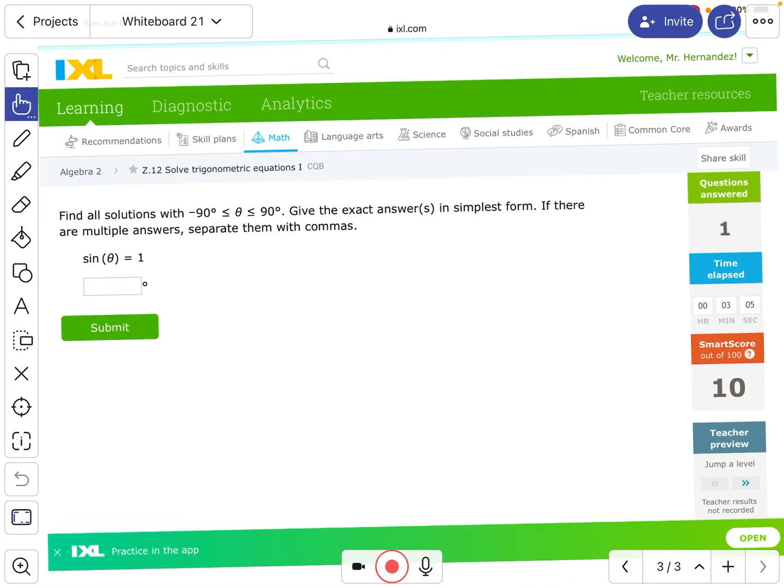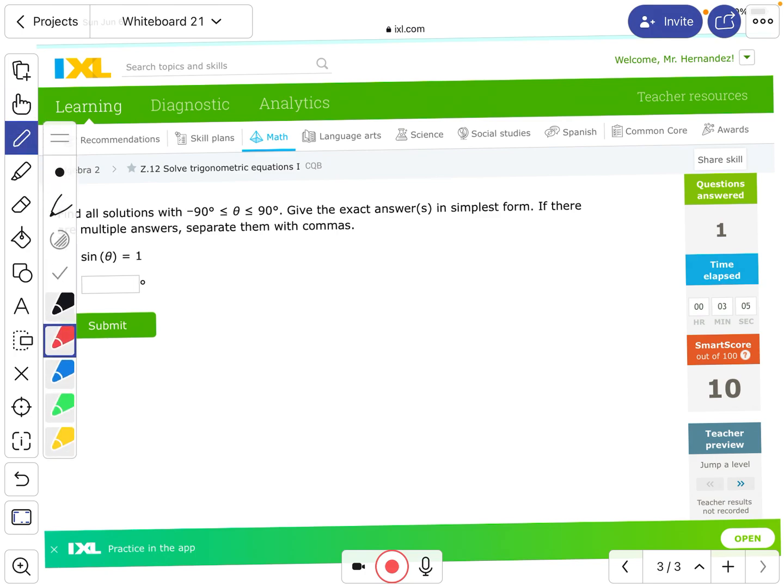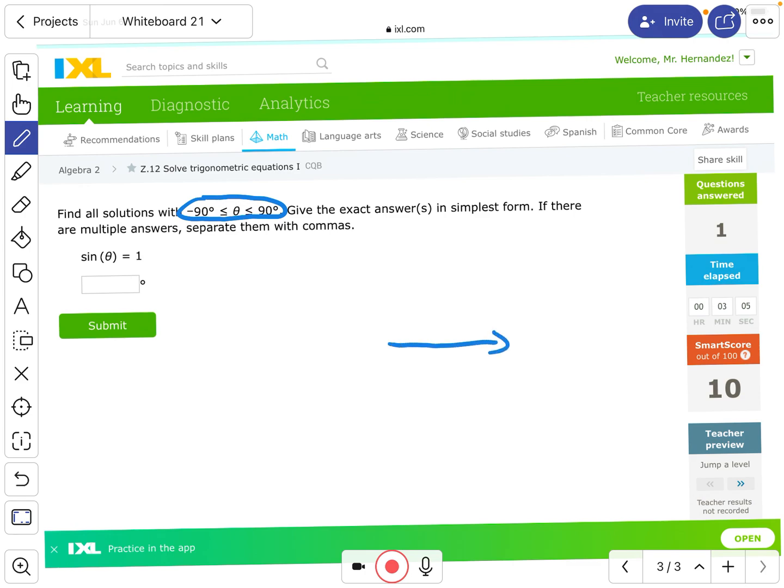So the first question could be, what does this mean, negative values? So you pretty much have to go back to what an angle looks like in standard position. So this initial ray, because an angle always has two rays, and this initial ray is the positive x-axis.